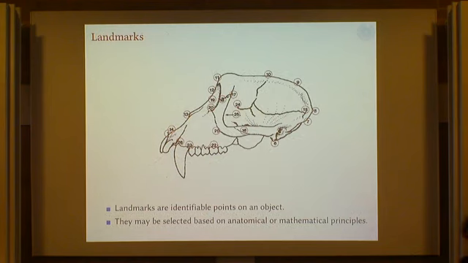The simplest shape space, a finite dimensional one, and the first that was widely applied, is the space of landmarks. So we take some biological specimen, let's say a skull, and we put finitely many points of interest on the skull, based on either biological principles, like where the teeth are, or based on mathematical principles, like the furthest point to the right, or a point exactly in the middle between point 8 and 10, or along points of greatest curvature along the outline.